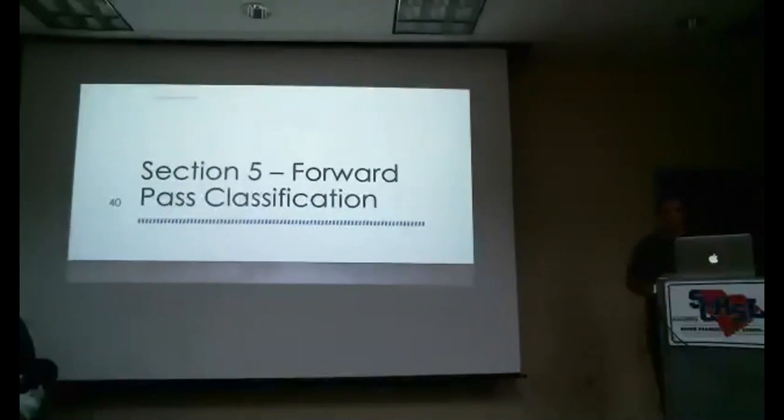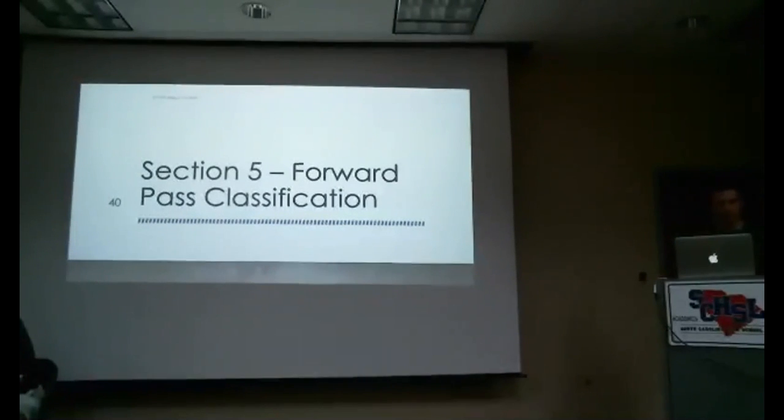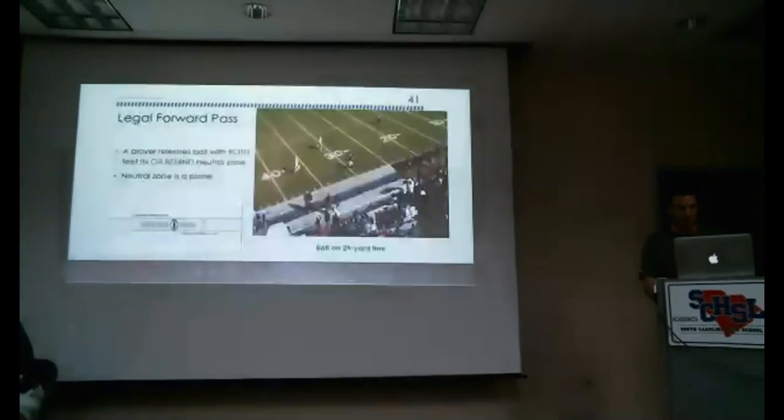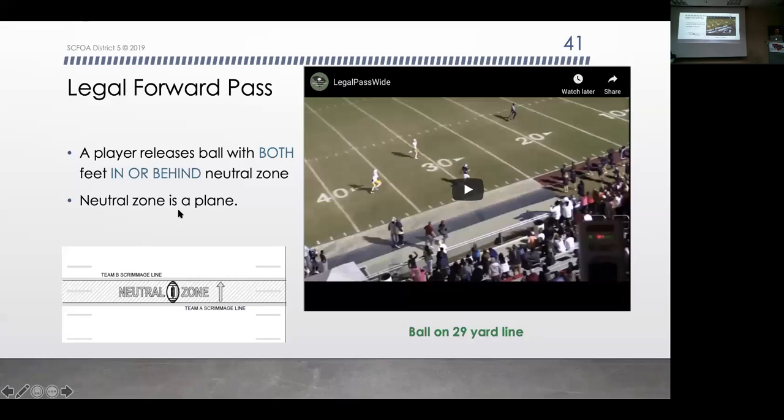So now we're going to go into forward pass clarification and pass interference. It's going to be the bulk of the remainder of our time here today. So legal forward pass: a player releases the ball with both feet in or behind the neutral zone. The neutral zone is a plane, so he's got to be in or behind the neutral zone with both feet when the ball is released.